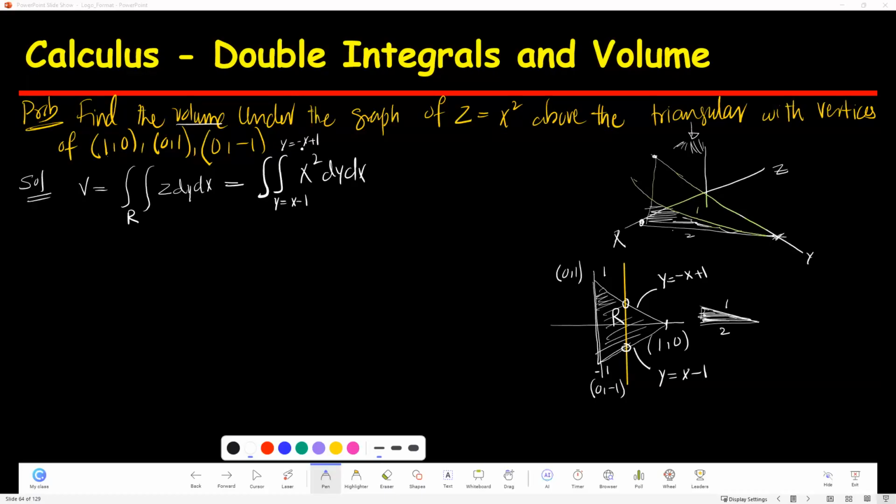When you substitute y equals 0 here, x becomes 1. Here, y equals 0 in x minus 1, so x equals 1. Now you have to substitute the value of 1 here, so x becomes 0.